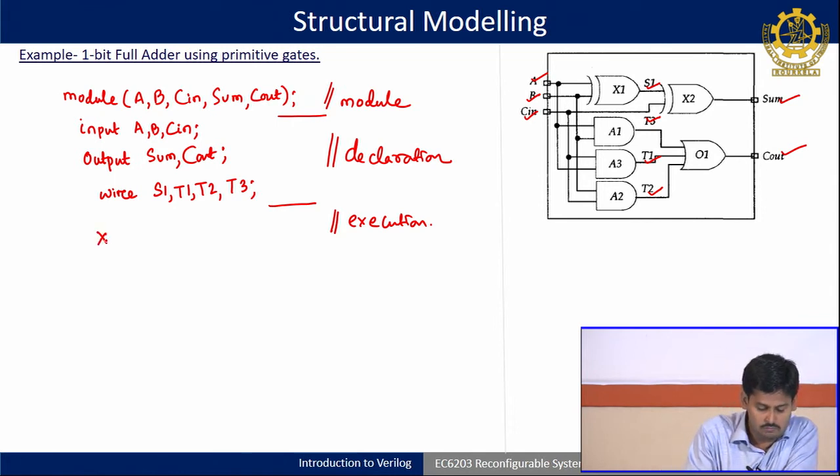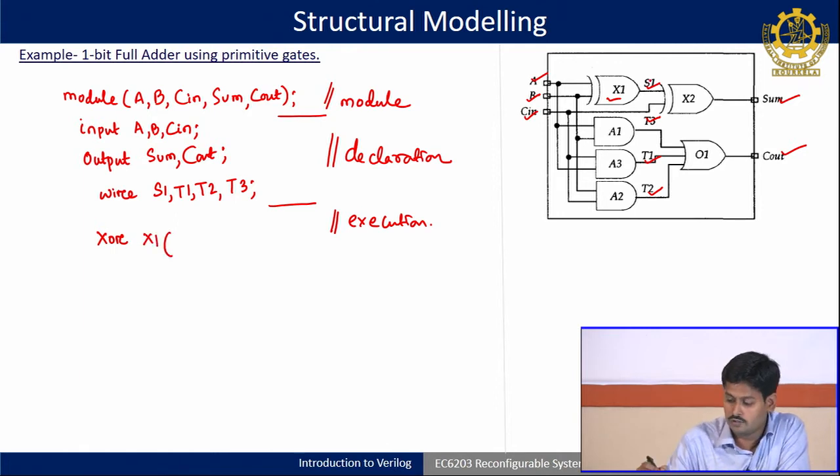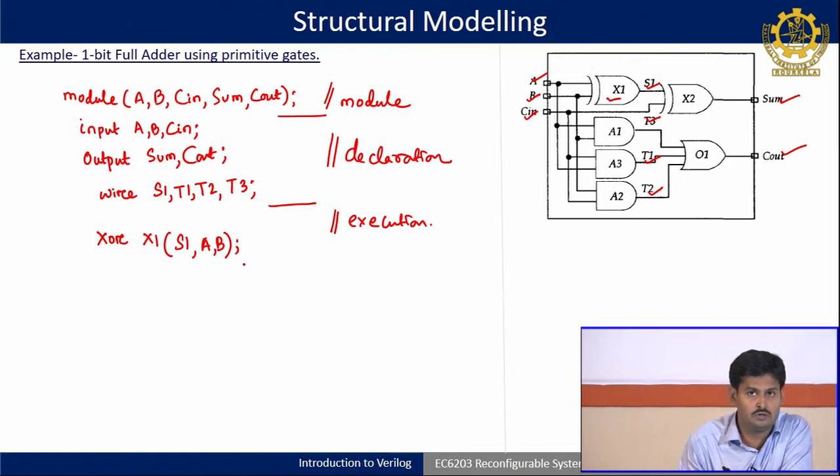So the XOR built-in gate is called xor. Okay, this one is X1, so I am taking X1, followed by output first. So output is S1, comma input is A, comma B. I will write both the styles. So I am putting semicolon here.